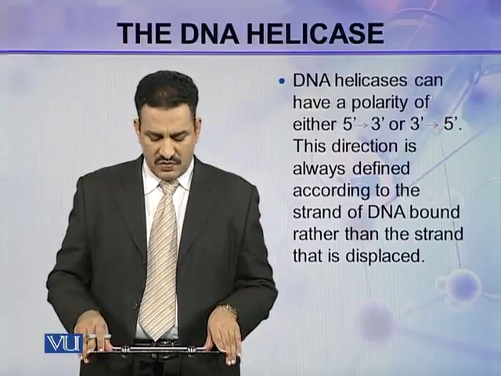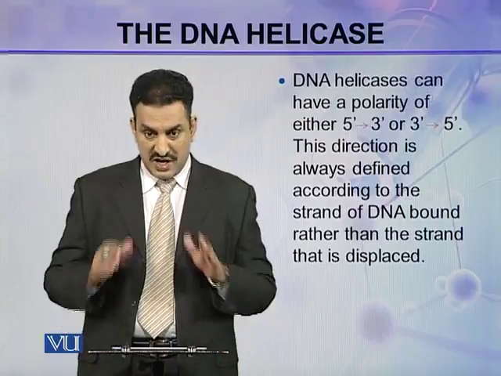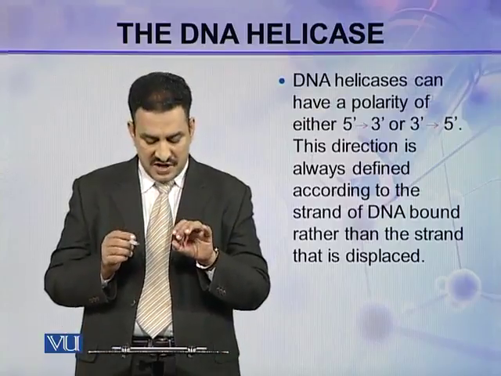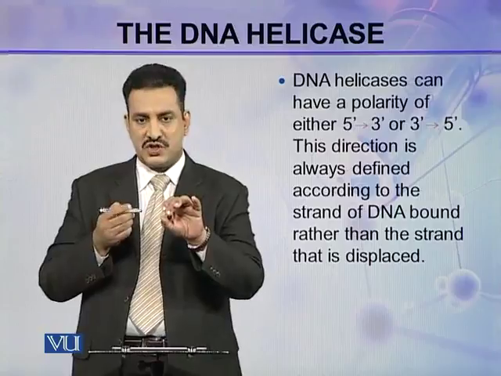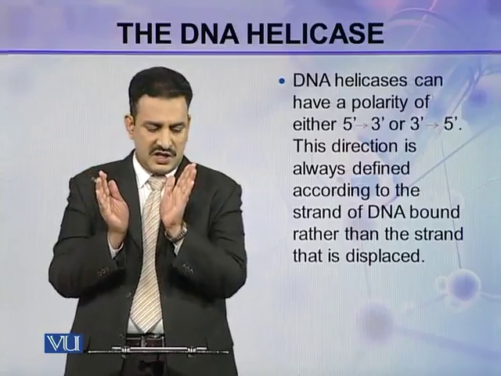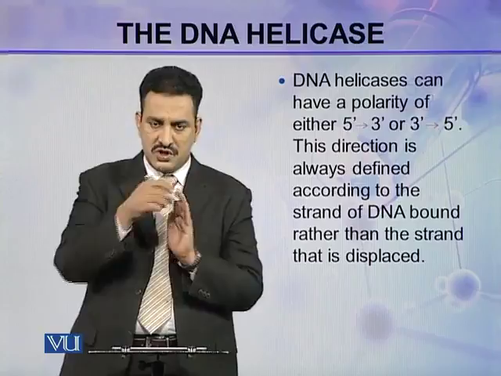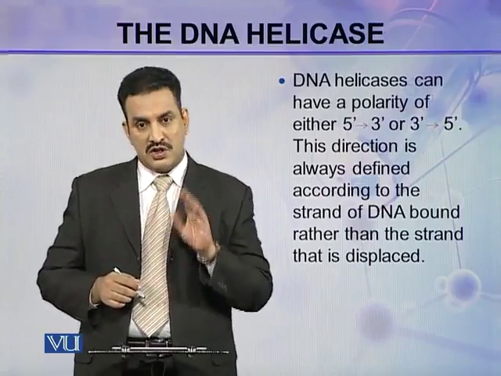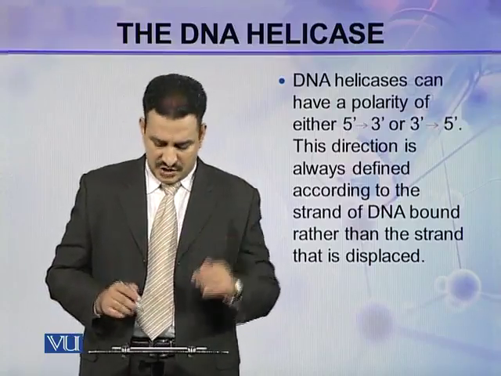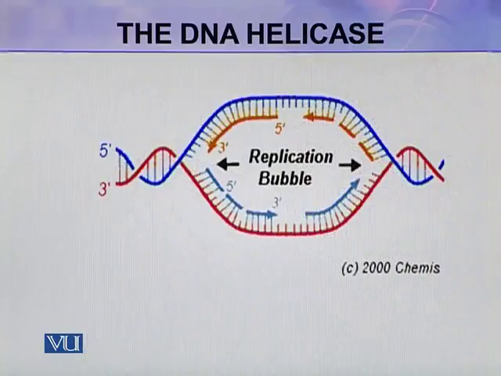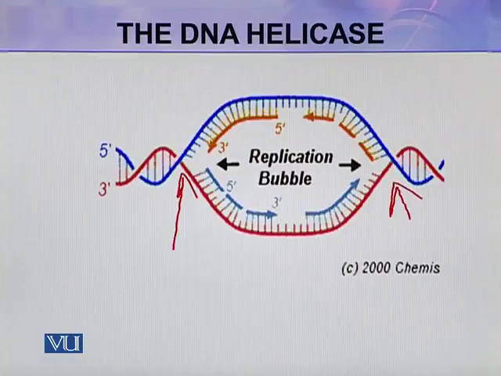This direction is always defined according to the strand of DNA bound rather than the strand that is displaced. One strand is displaced and the other strand is the one bound to the DNA helicase. So the bound strand will define this direction. As you can see in this diagram, this is the replication fork and this hole is a replication bubble. In this replication bubble, this is 5 prime and this is 3 prime.